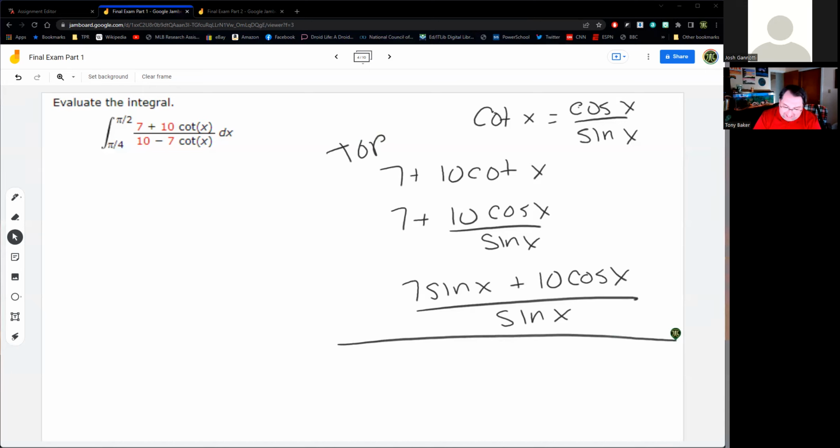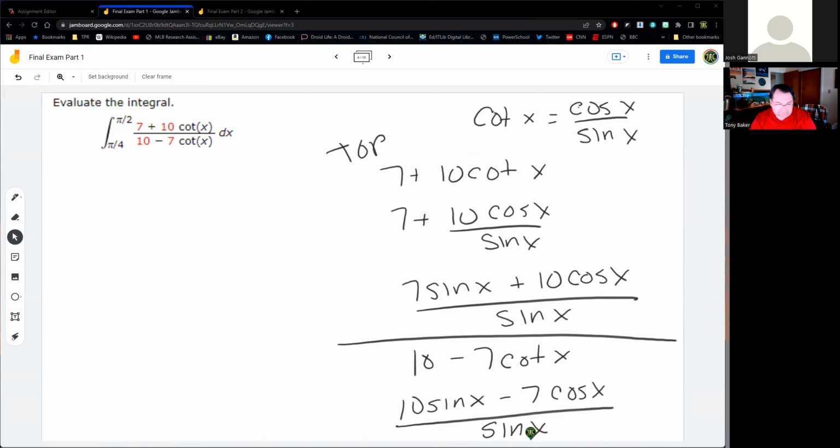The bottom is exactly the same process that I'm going to do. So I'm going to change 10 minus 7 cotangent of x to 10 sine of x minus 7 cosine of x all over sine of x.